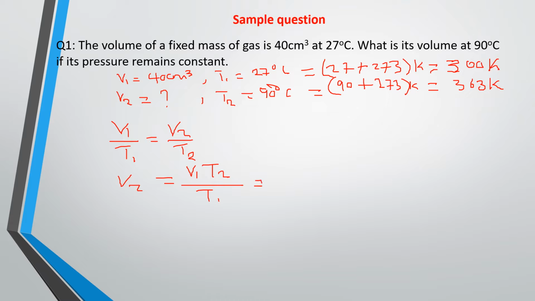Now just substitute the values you have gotten, your T1, T2 and your V1, into this equation. So you are going to have V1 is equal to 40.